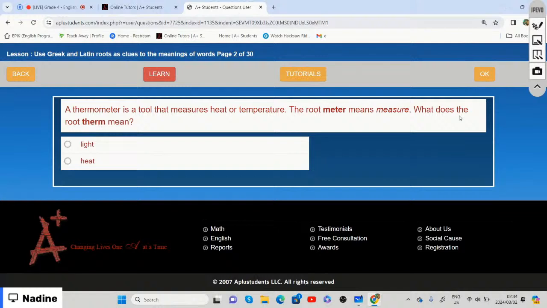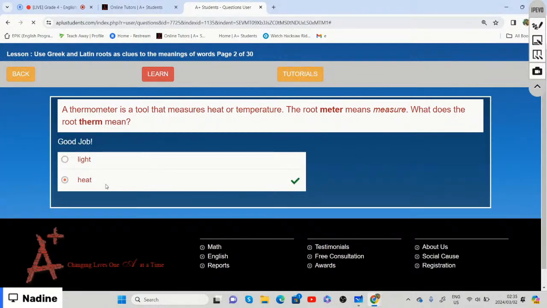We need to say, what does the root therm mean? Therm means heat or light, sorry, heat or light. Let's say heat. And heat is correct.